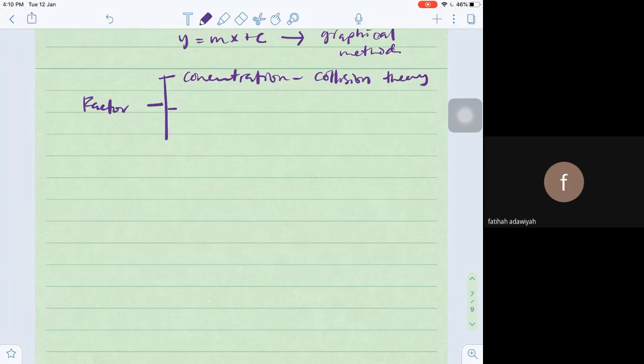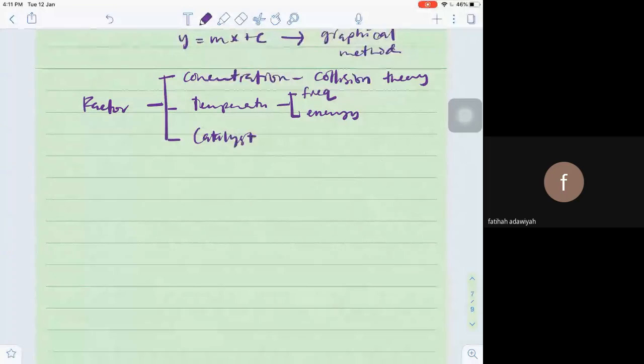Then we discuss the effect of temperature. Temperature gives two effects: the first one is to the frequency, the second is to the energy of the collision. And then third, we discuss the catalyst factor. Catalysts increase or speed up the rate of the reaction without being consumed, by providing an alternative pathway. There are two types of catalysts, homogeneous and heterogeneous.